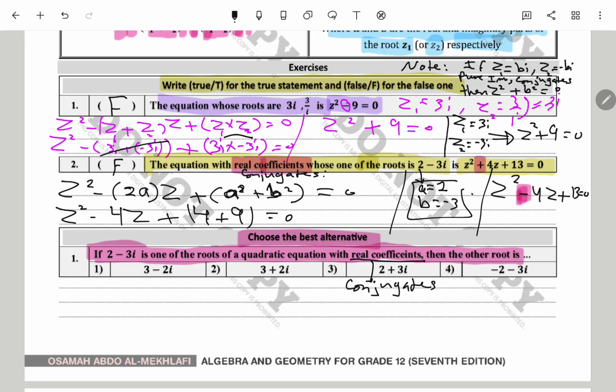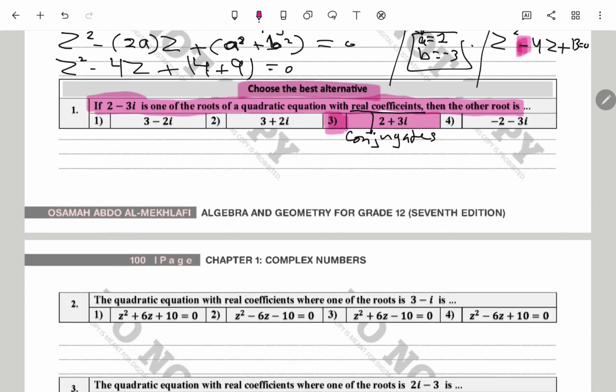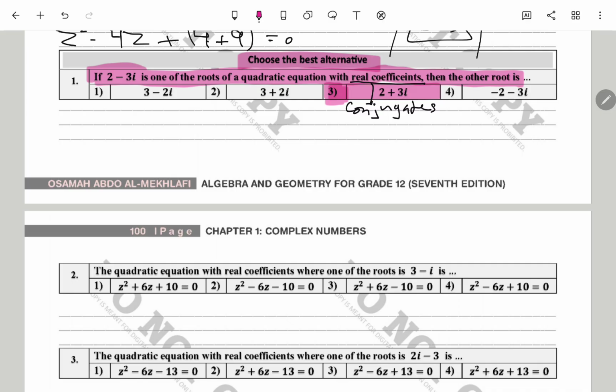So that will change the middle sign, or the imaginary part, and that will keep 2 as it is but with plus 3i, and that will be the third choice, 2 plus 3i. Let's go to the next question, which is 2.